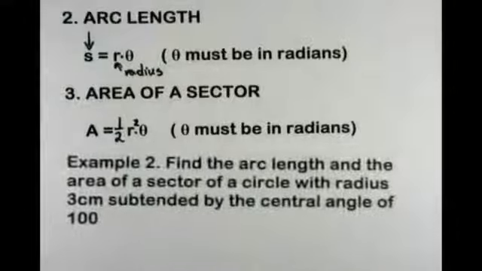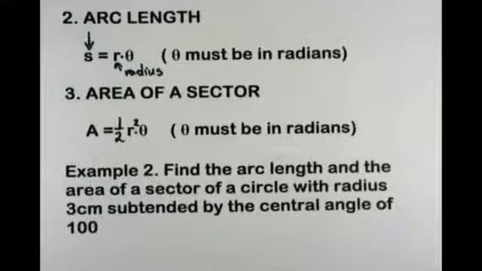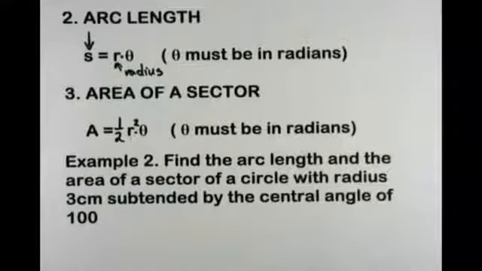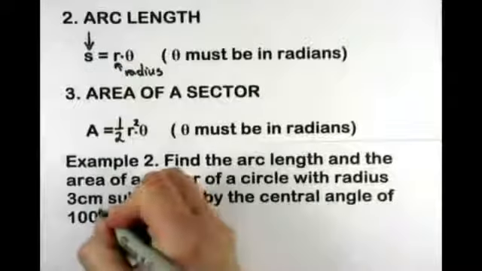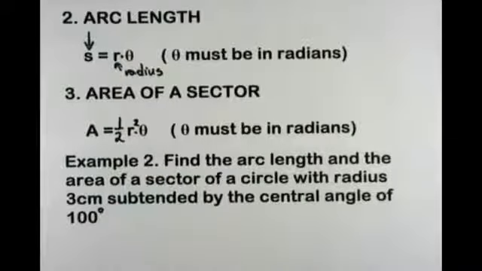So now we have example 2. Find the arc length and the area of a sector of a circle with radius 3 centimeters, subtended by the central angle of 100 degrees. So to find the arc length and the area of the sector, theta must be in radians.